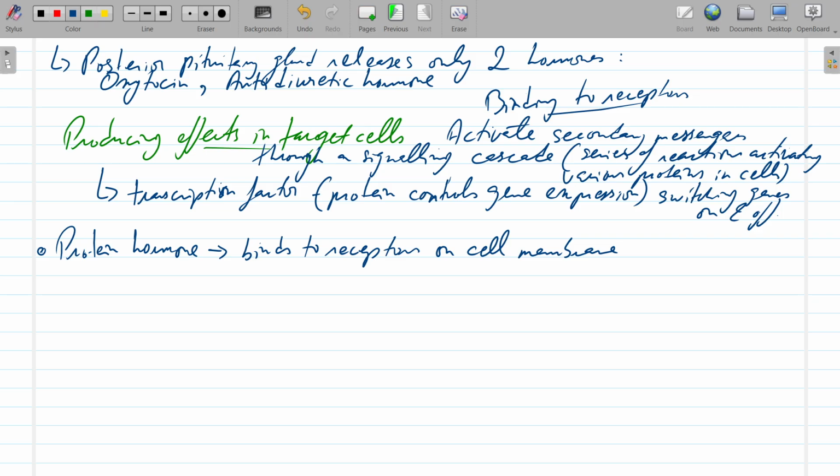Because the cell membrane is made up of lipids, and it doesn't allow proteins to pass through directly. And so you've got receptors on the cell membrane, and this begins a series of membrane-bound reactions, the signaling cascade that I mentioned.